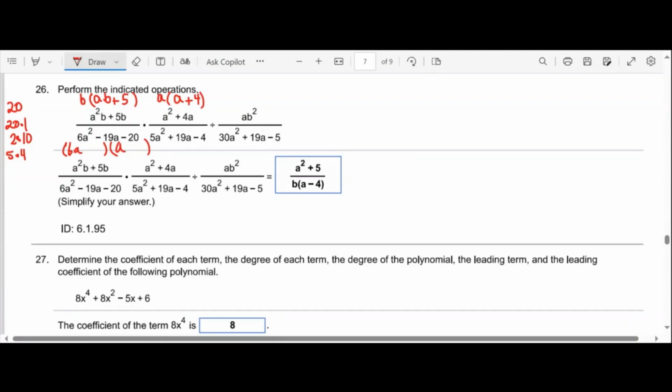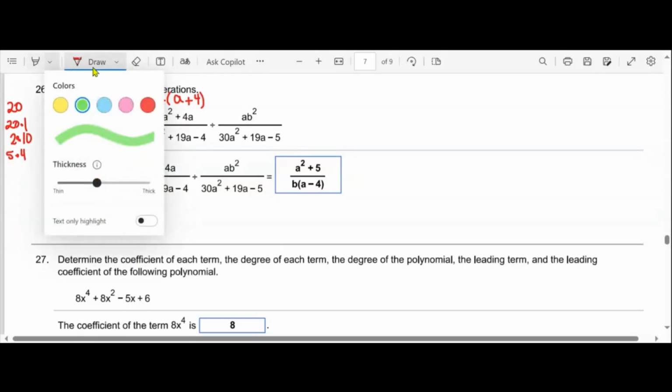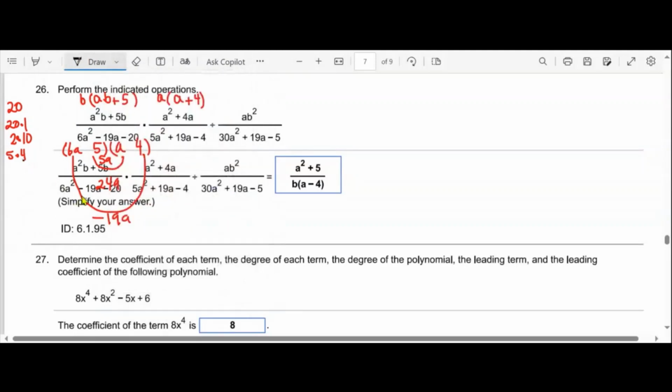Are you sure? What about if you use 4 here and 5 here? Let's do the cross happy face. What are you going to get here? 5a. How much are you going to get here? 24a. Can you get negative 19a from both? How can I get negative 19? If the 24 is negative and this one positive. So this one is negative, this one is positive. That's why.